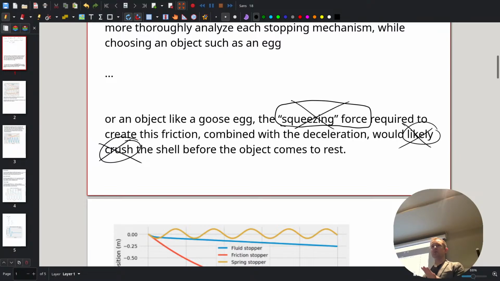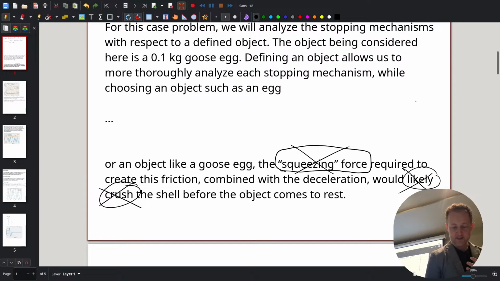It's totally fine in the first draft, get your ideas down on paper, but then go back, take 10 minutes, and anywhere you see words like "likely," you don't need any of those.